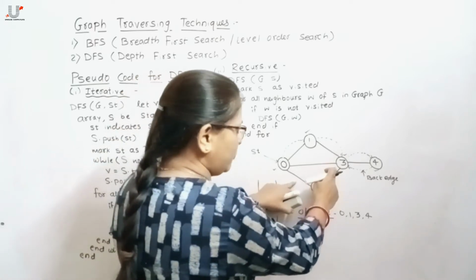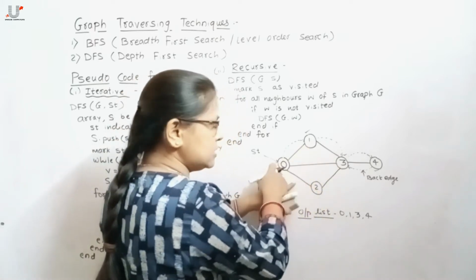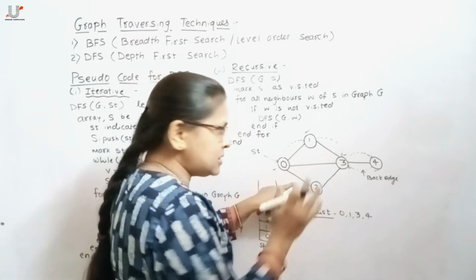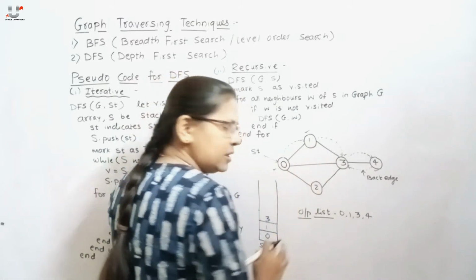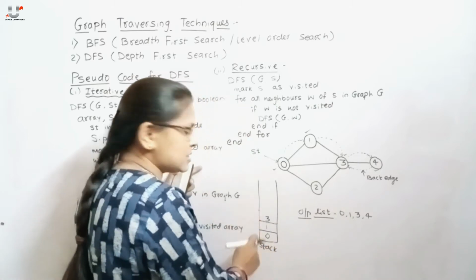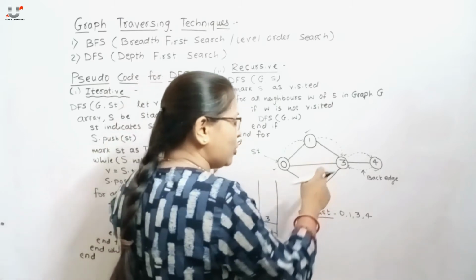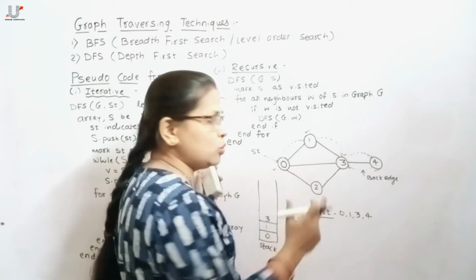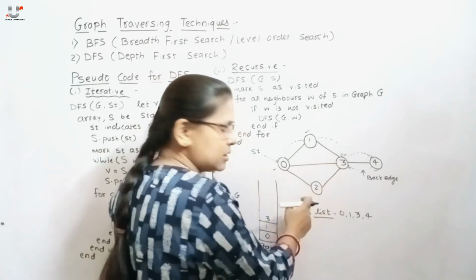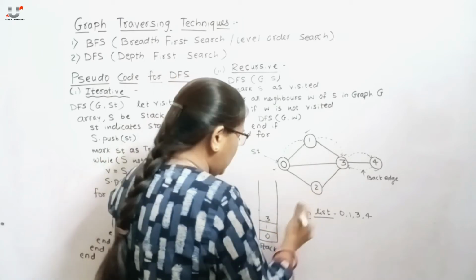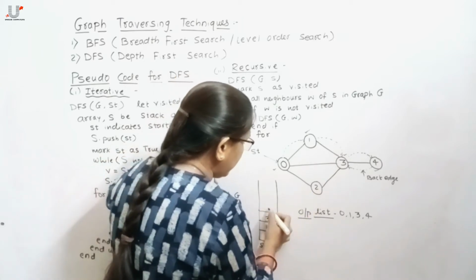The adjacent nodes for this 3 are 1, 0 and 4, but they are already marked as visited and are present in the output list and also in the stack. So try to explore the unvisited adjacent node of this 3. The only unvisited adjacent node for this 3 is 2, so that 2 gets added into the stack.